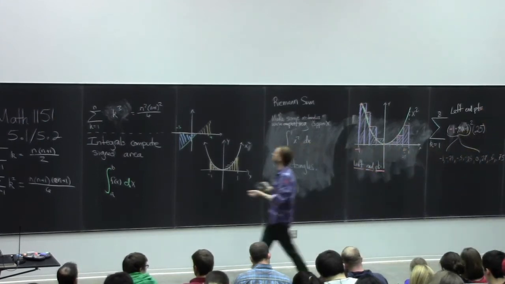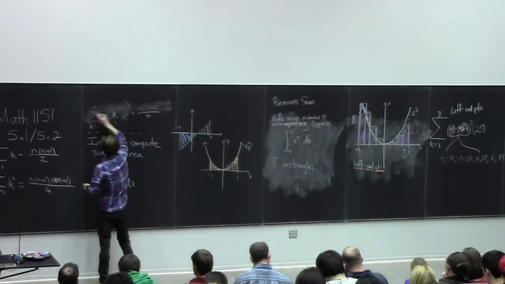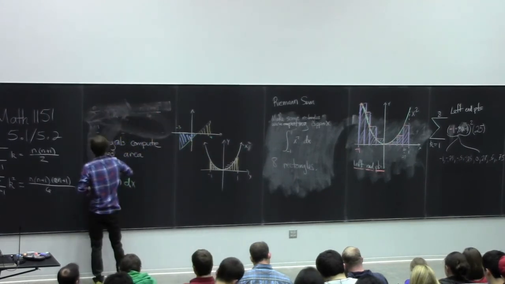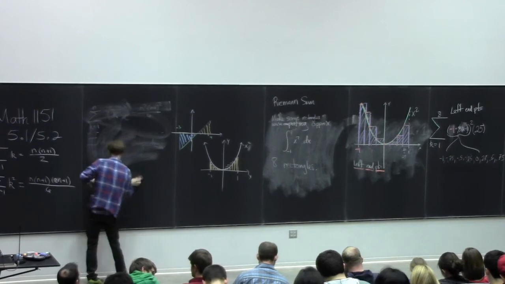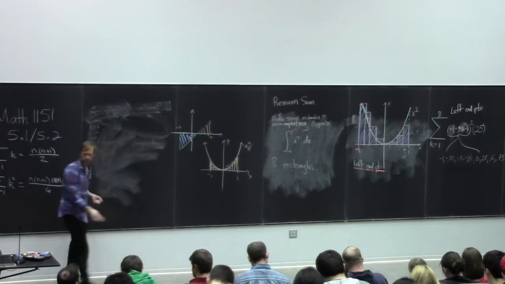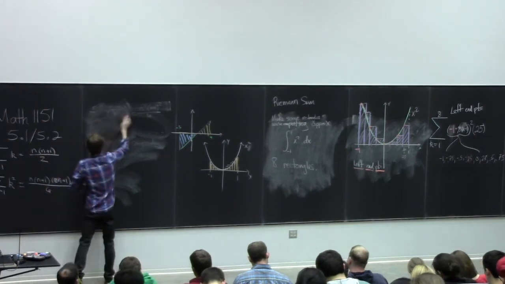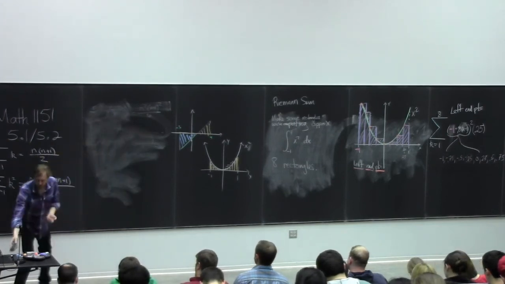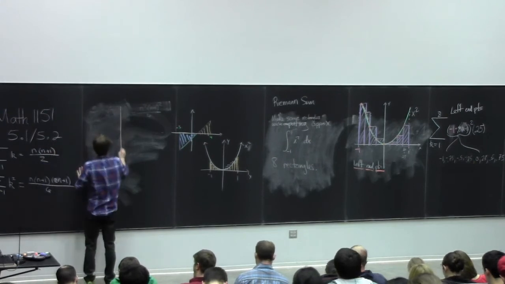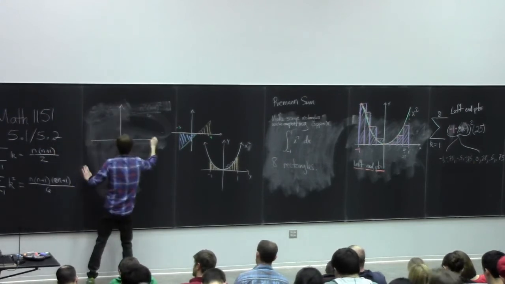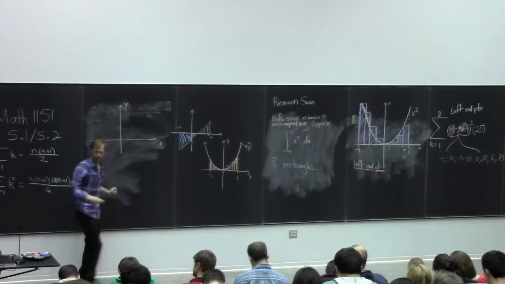How do you do it for right endpoints? Let's do the same problem for right endpoints. So again, the first thing I'm going to do is draw a quick picture. Here I go. I'll draw it faster than last time, I think.